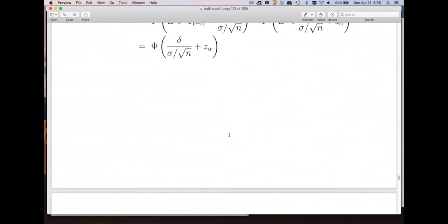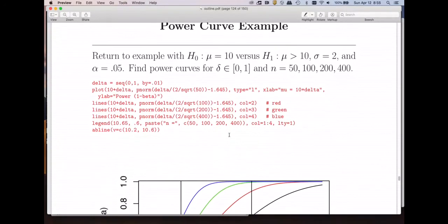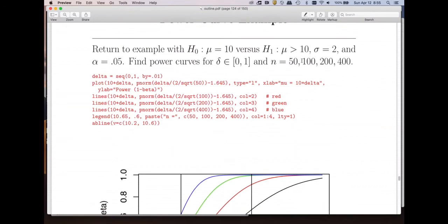Let's go look at a couple power curves. So let's return to my example that I had before. If n is equal to 10 versus some specific alternative that mu is greater than 10, the way these problems would get stated is, let's evaluate power curves for different values of n.